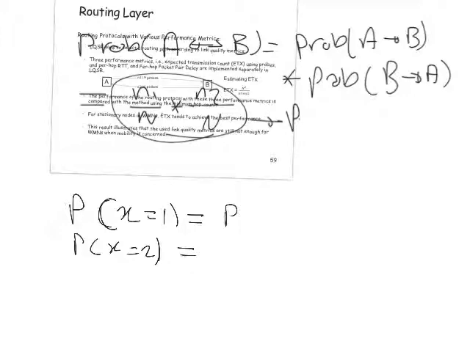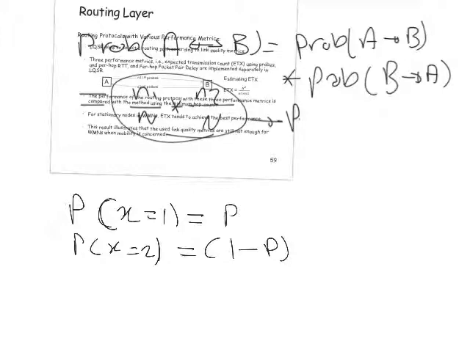Okay? So x equals 2 is the probability that it fails the first time, and then the second time it succeeds. What is the probability that it succeeds? P. Right? It's getting too difficult, huh?